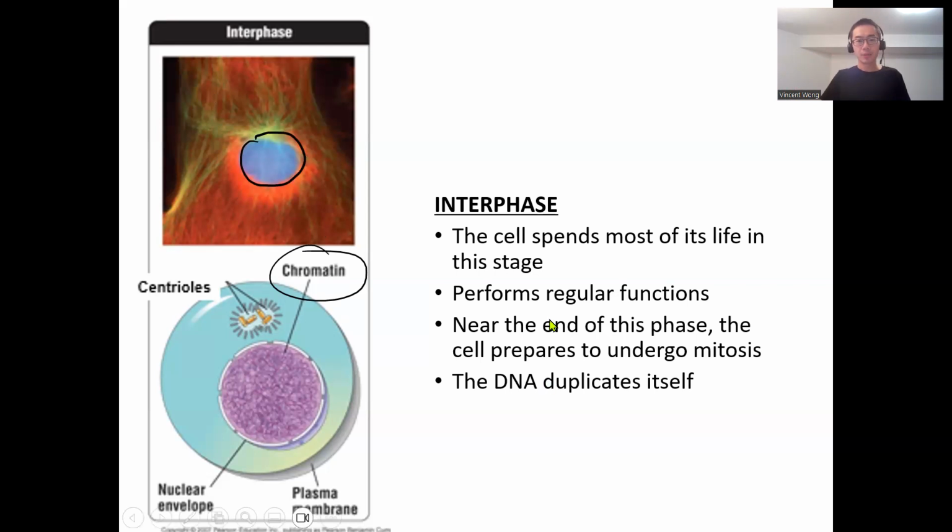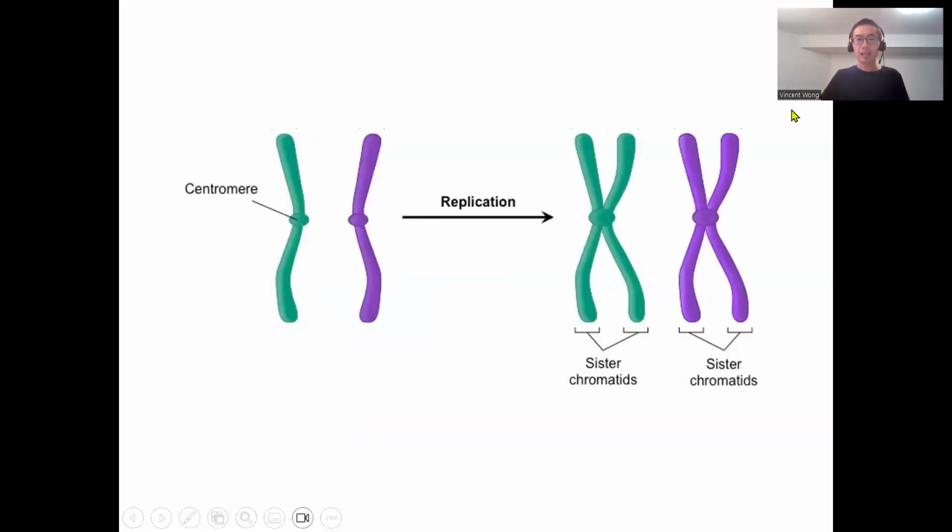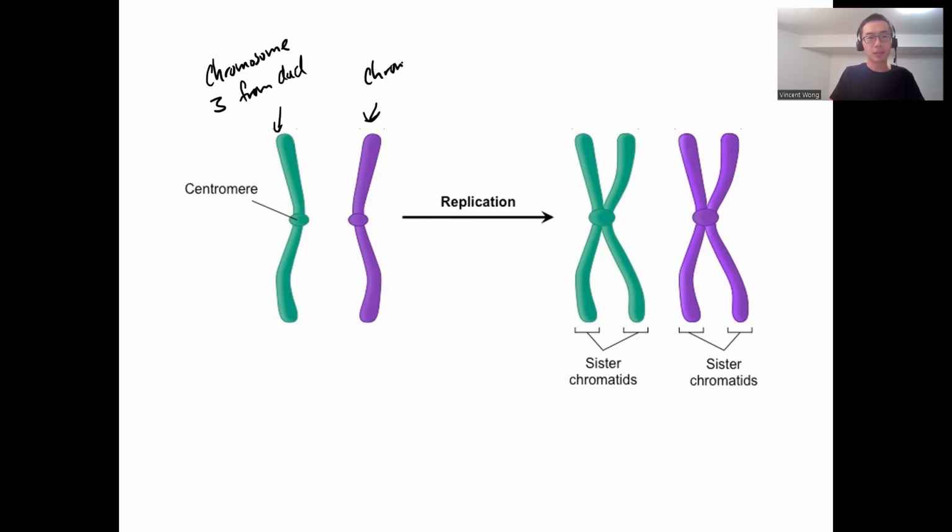Okay, so let's see. Here we have a pair of chromosomes. So this is, let's say, chromosome 3 from your dad, and this is chromosome 3 from your mom.